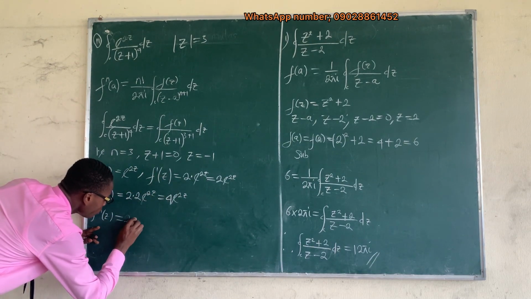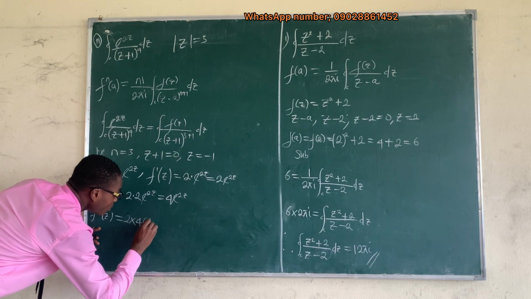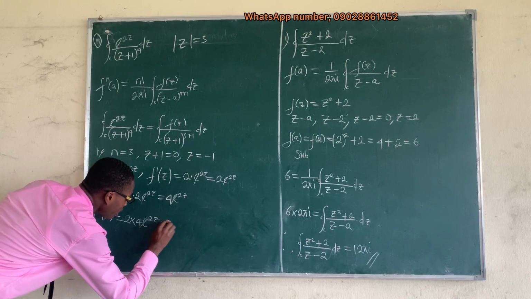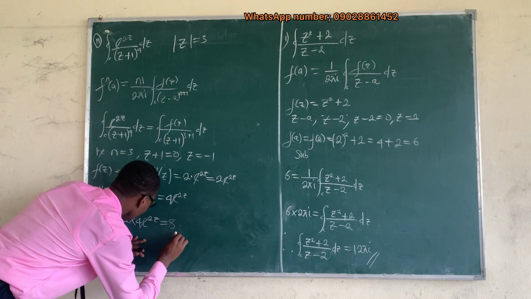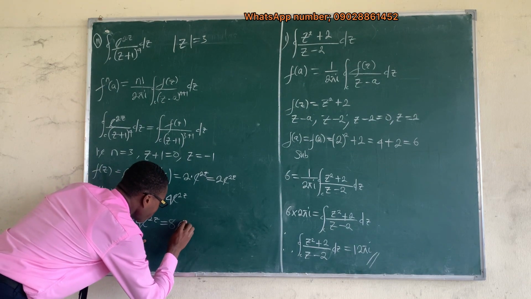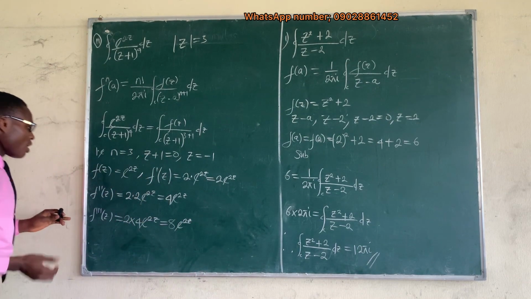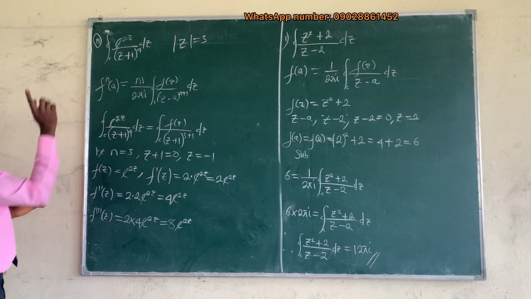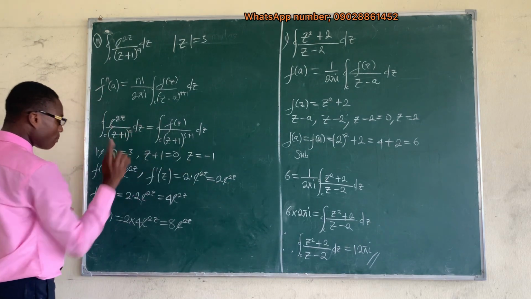So we have 2 times 4 exponential 2z, and this is equal to 8 exponential 2z. And then we put in the value a, and the singular point a there is minus 1.